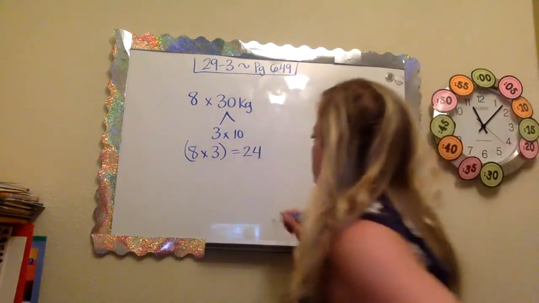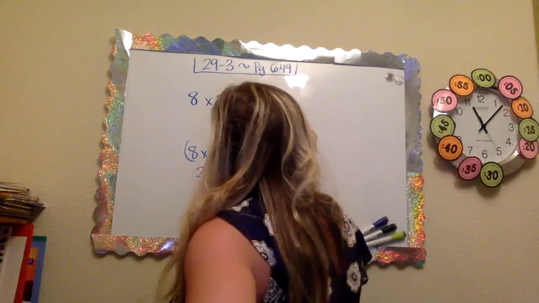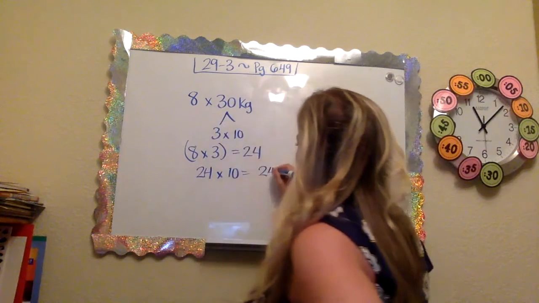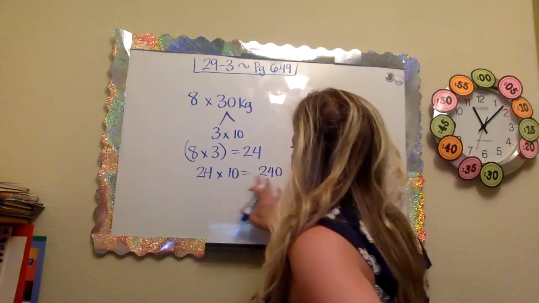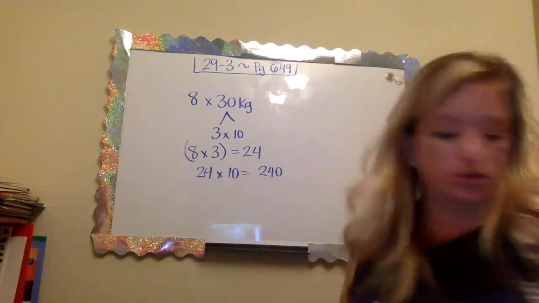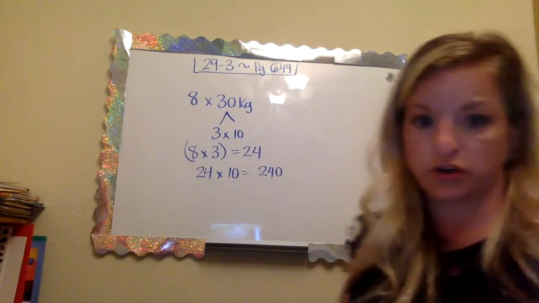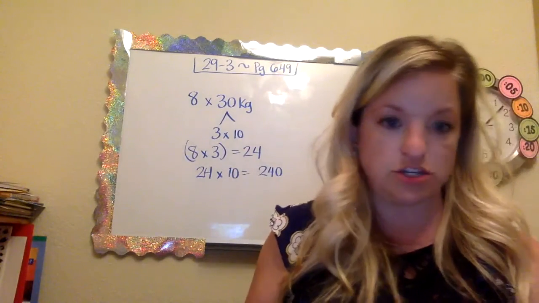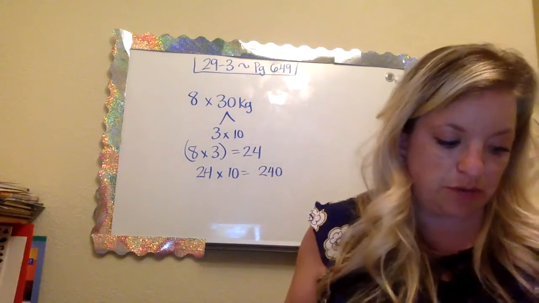And then you're going to do 24 times 10, which is 240. So 24 times 1 is 24, and then add the 0. So it's 240 kilograms. 240 kilograms is less than 300. So yes, all 8 children can be in the treehouse. That is an example to help you with the rest.